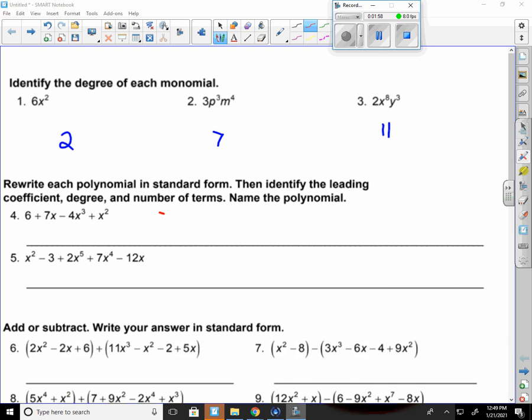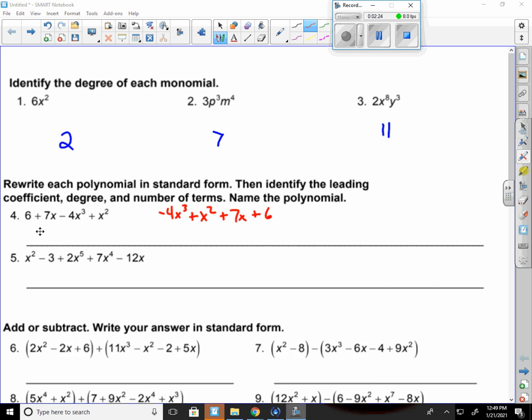So that's going to be negative 4x to the third plus x squared plus 7x plus 6. So I went from my highest to the lowest exponent. This would be x to the 0. That's how you know it's the lowest, because there is no x with it.